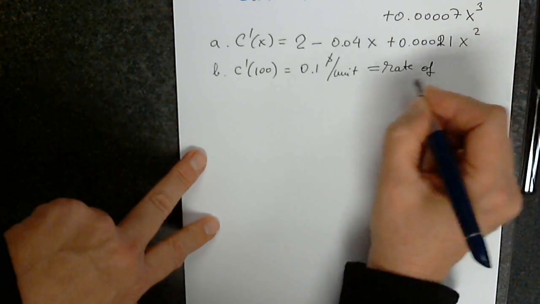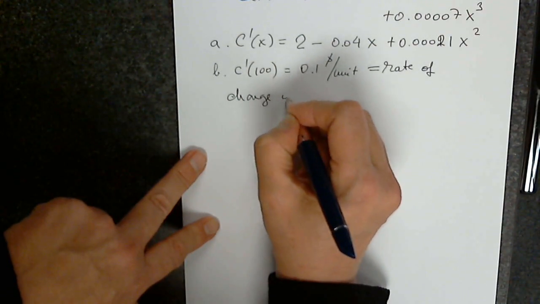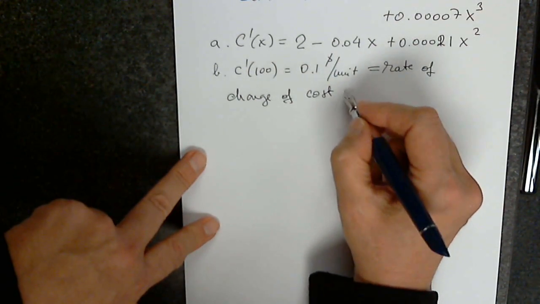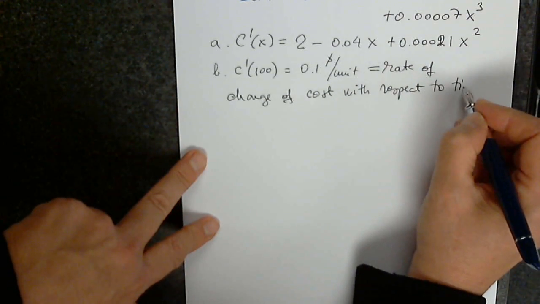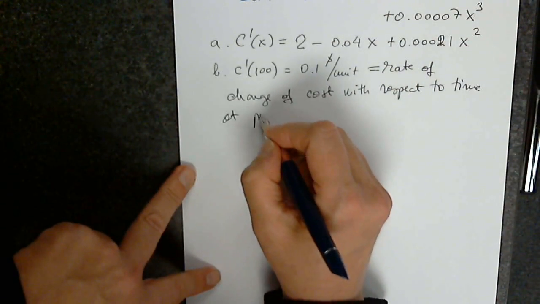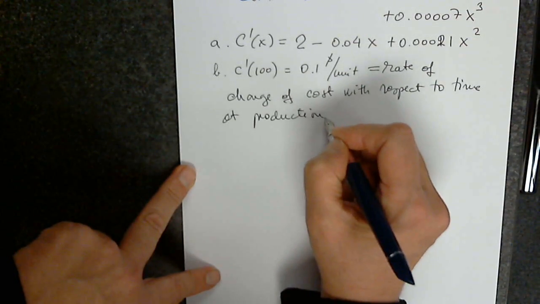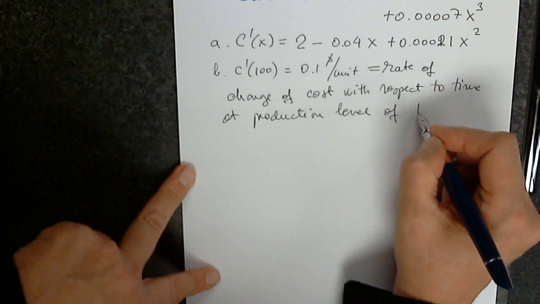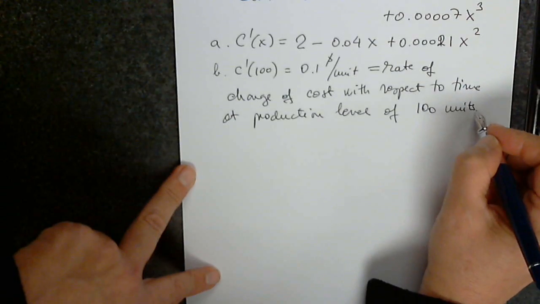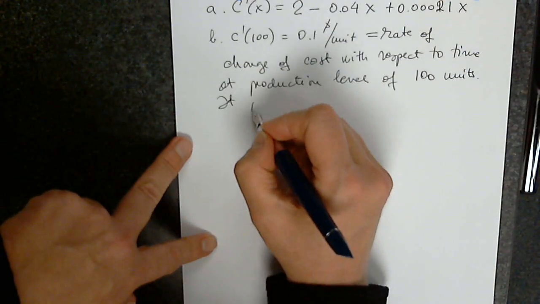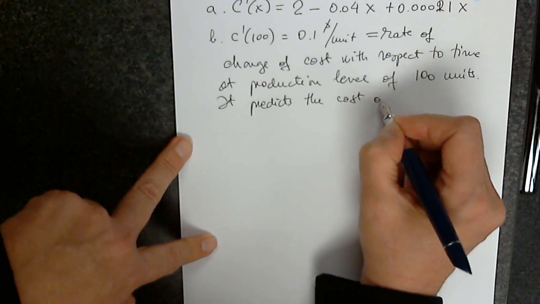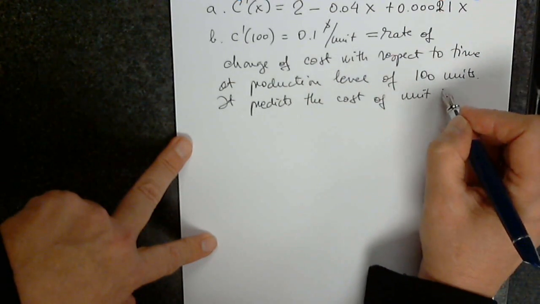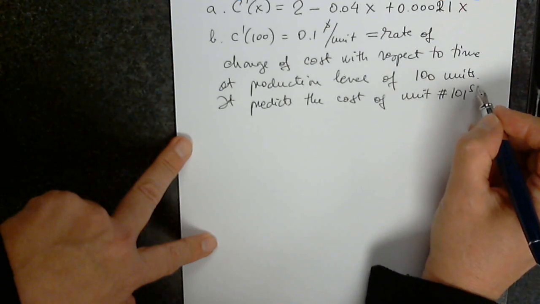The rate of change of cost with respect to the number of units at production level of 100 units. It predicts the cost of unit number 101.